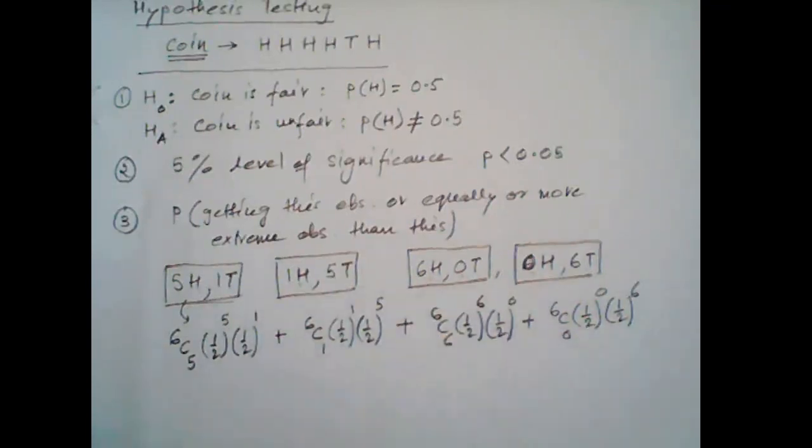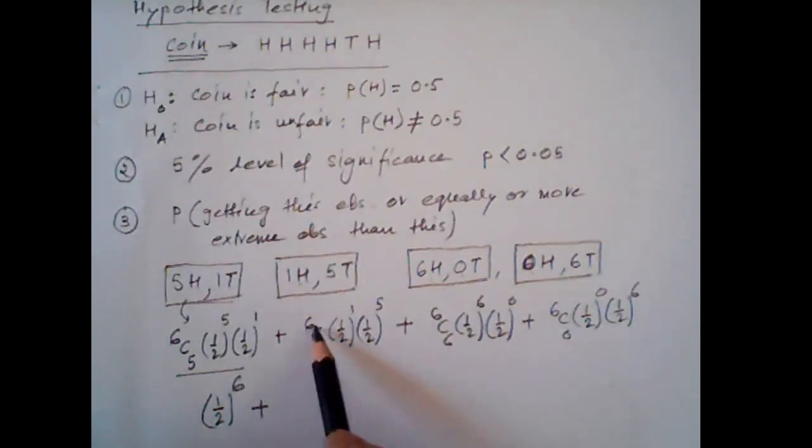All right. So the probability of getting this observation or an equally or more extreme observation than that is the summation of all these probabilities. So let's quickly write what these are. So this will turn out to be half raised to the power 6. You can try it out yourselves.